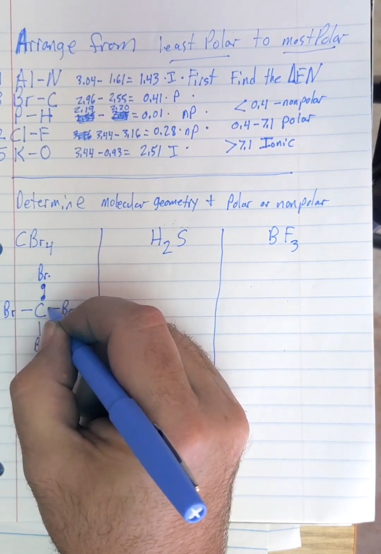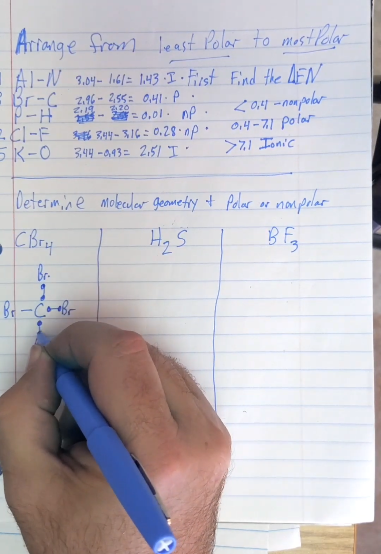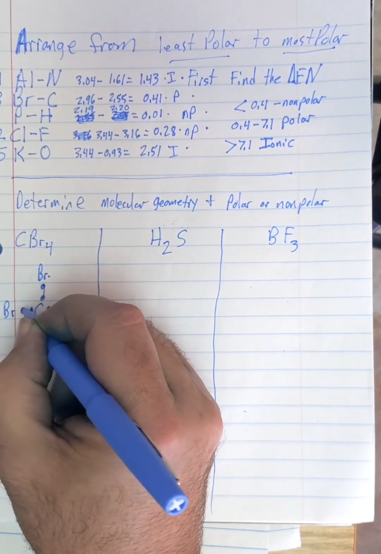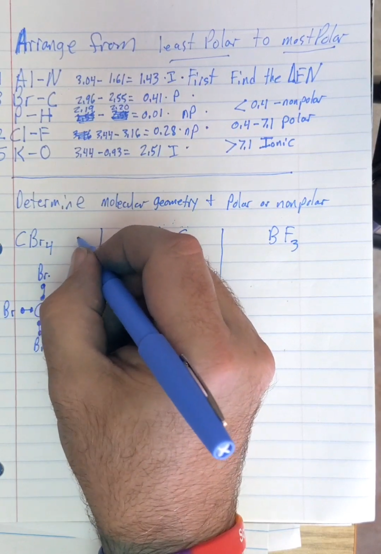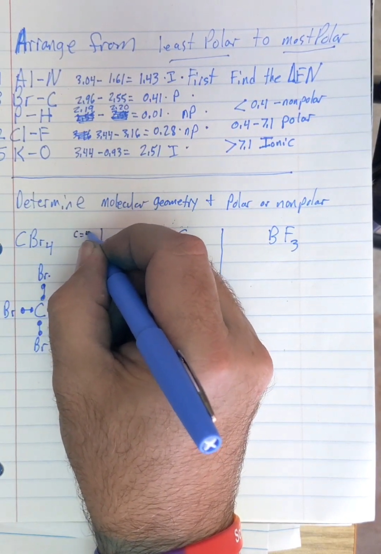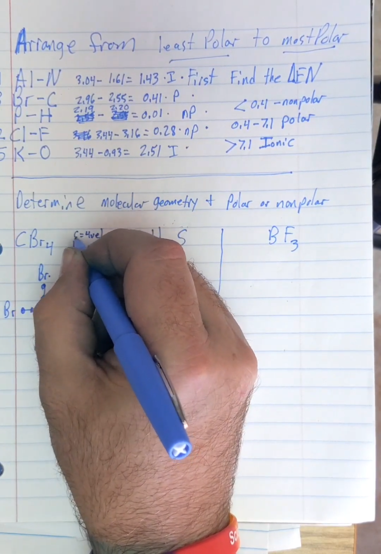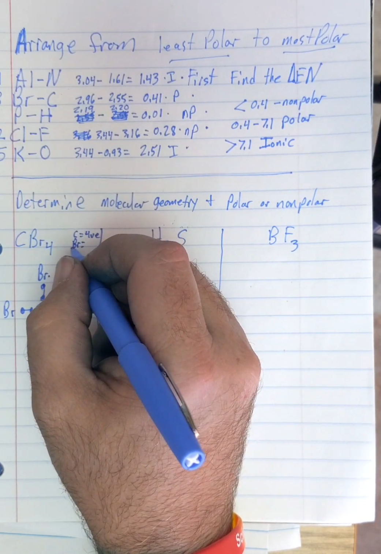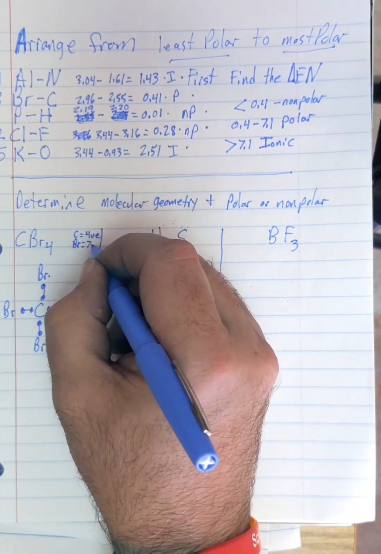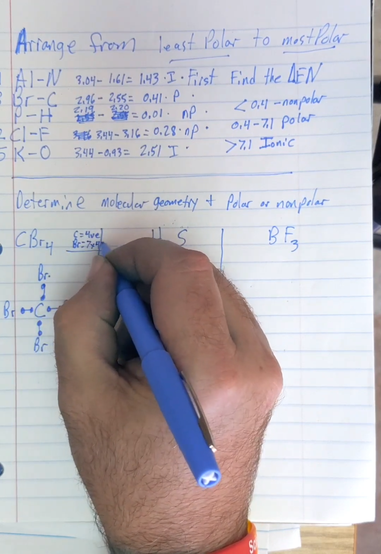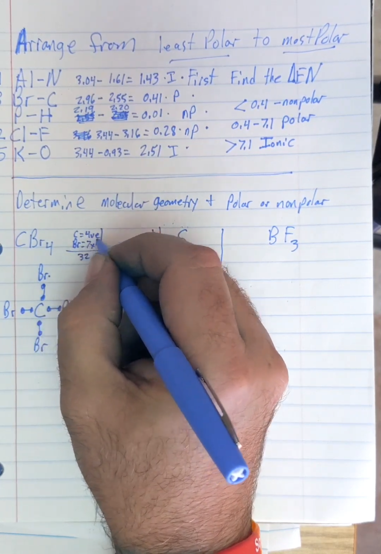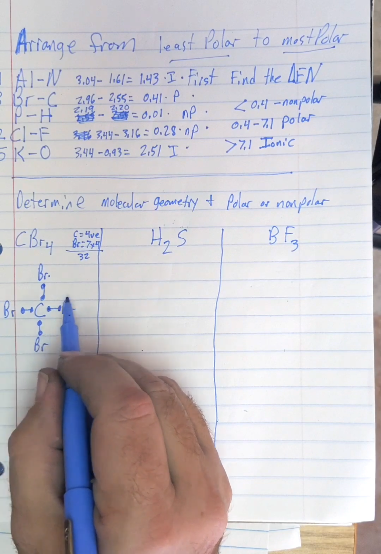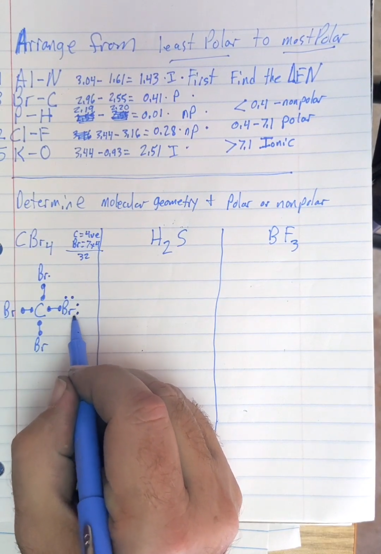We know that each of these dashes represents 2 electrons being shared. So we've already used 8 electrons, and we haven't even counted how many we have. Carbon has 4, each bromine is going to have 7, and there are 4 bromines. So all total, we have 32 electrons to account for.